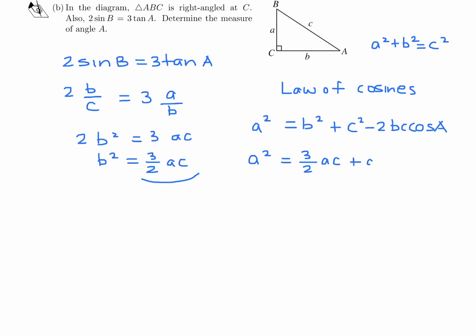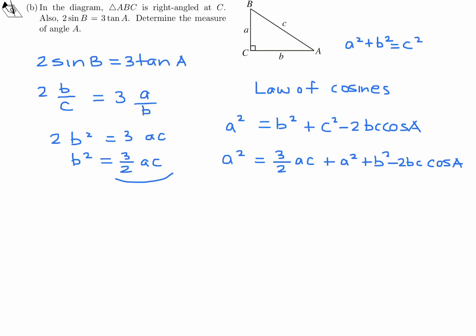So that will give me A squared plus B squared, and then I've got this minus 2BC cos A. And if you do that, you'll notice that these A squareds cancel. So that's very helpful. Now, I want some sort of trigonometry relationships, and I think I will be able to get that if I divide through by B squared.